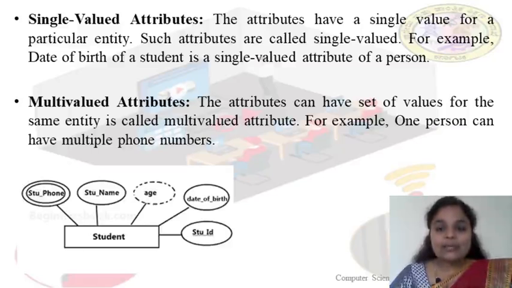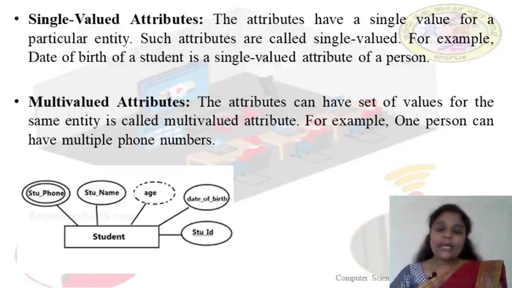Even in the example they have given here, for the entire lifetime, the date of birth of a particular person is fixed and it is only one value. I can't have two dates of birth for a particular person. There are a few exceptions, like their parents might have forgotten to maintain the date of birth of their child.